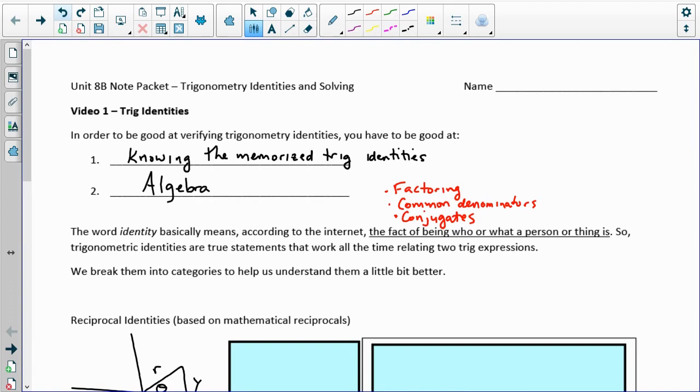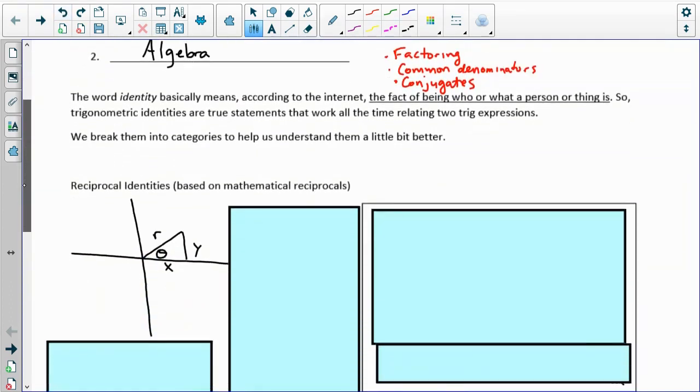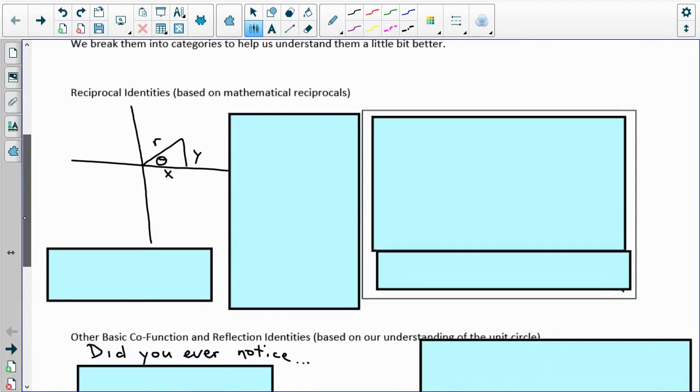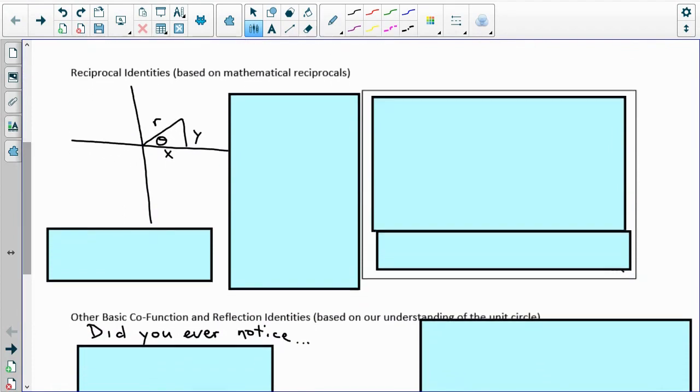So the things that I'm about to say are things that we're going to want to memorize. We break these things into categories to help us understand them a bit better. And so the first category we're going to talk about is reciprocal identities. And the reciprocal identities are things we actually already know.